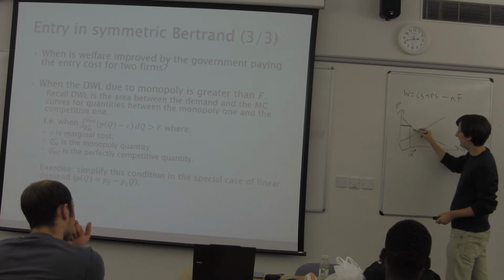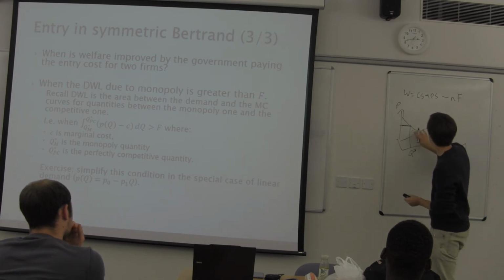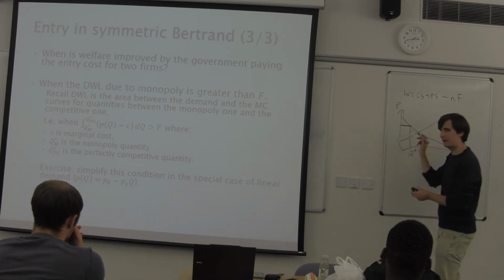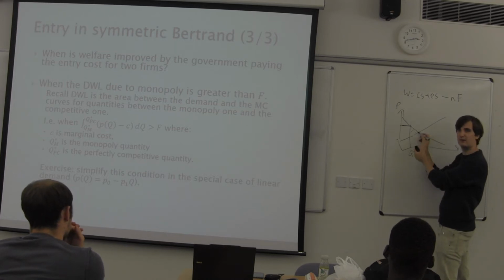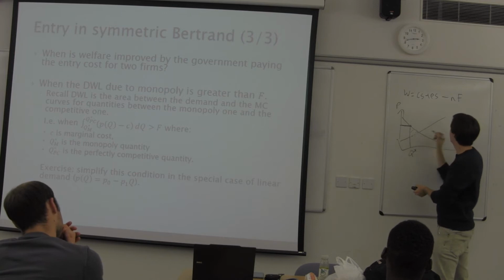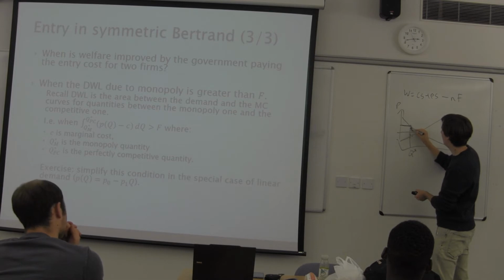And the deadweight loss, sorry. If you had perfect competition, the price would be here, where price equals marginal cost. So this is marginal cost, this is P(Q), the demand curve. If you had perfect competition, the price would be there. So the deadweight loss is this area.